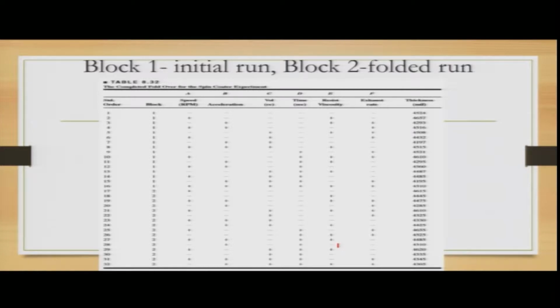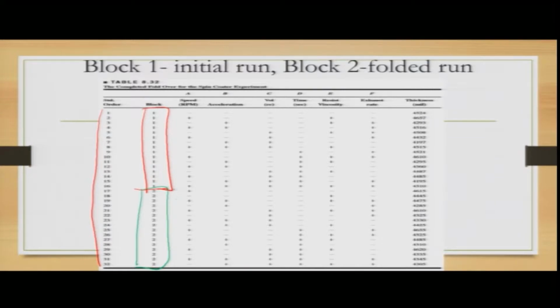The standard order of the runs is given from 1 to 32, then you have the block. The first set would be 1 as mentioned here, and the second one, let me change the color, would be 2.